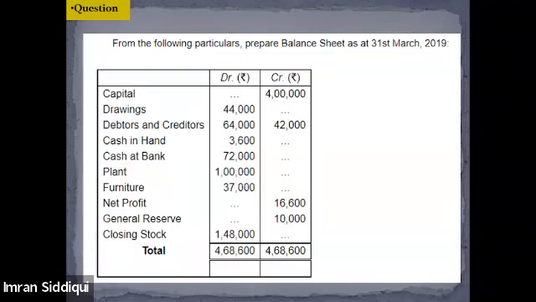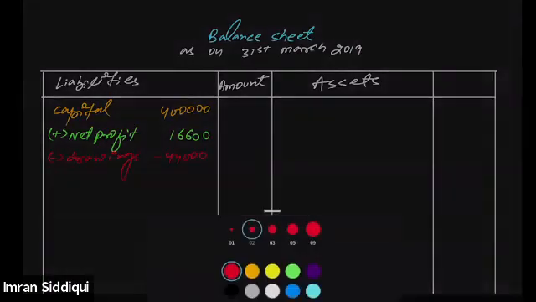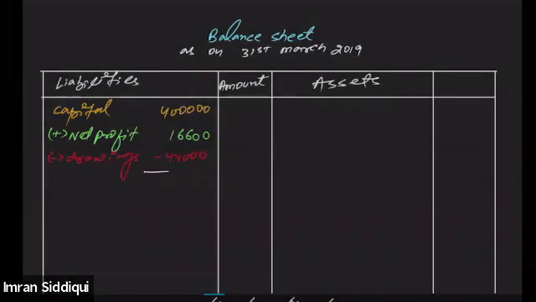And drawing is given as 44,000. Subtract 44,000. Now, whatever the value we will get, write that in the final column. This will be 4 lakh plus 16,600 minus 44,000. We will get 3,72,600.